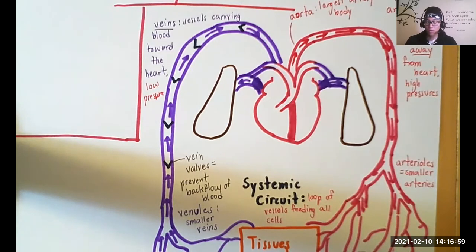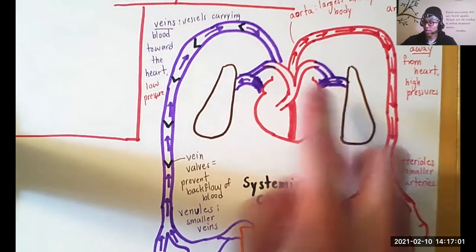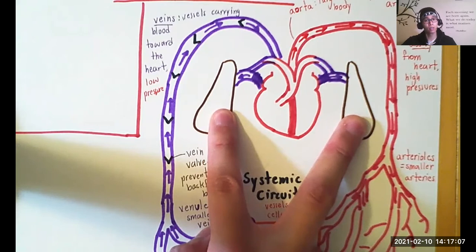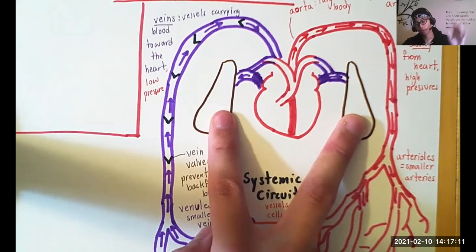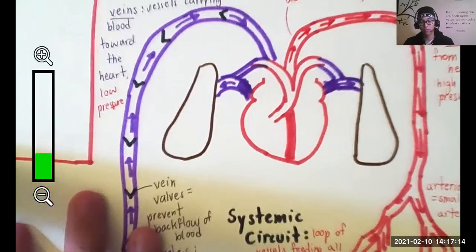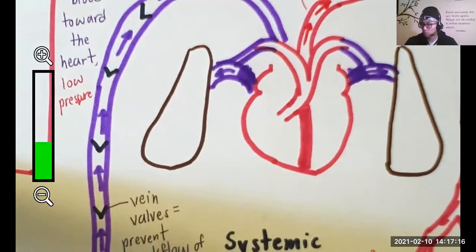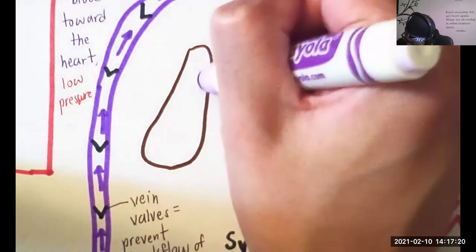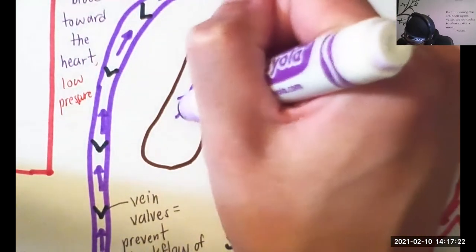The other loop, the blood from the heart has to go to the lungs in order for the lungs to replenish the O2 and get rid of the CO2. So let me zoom in here. Again, the arteries will split off and form capillaries like this.